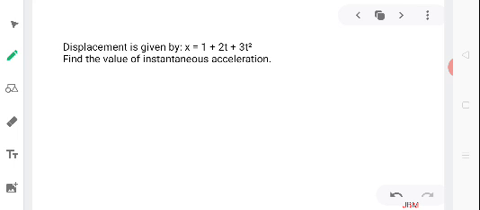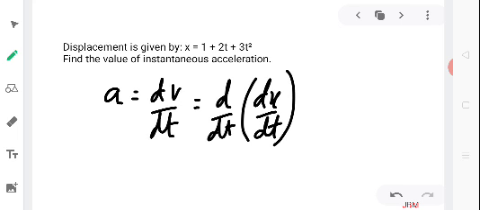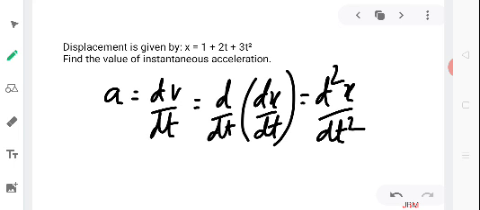Now, a is equal to dv by dt, isn't it? d by dt, and in place of v I can write down dx by dt. So this turns out to be a double differential of x with respect to time. So you should remember acceleration is equal to d2x by dt square.